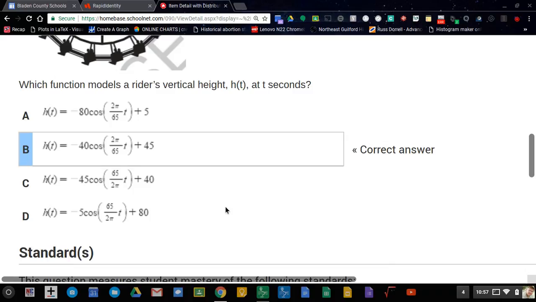I can tell you if you graph A, are y'all listening? If you graph A or C, guys, can y'all please listen?